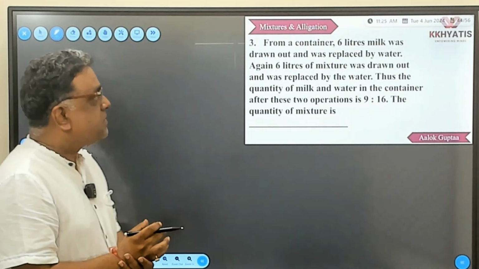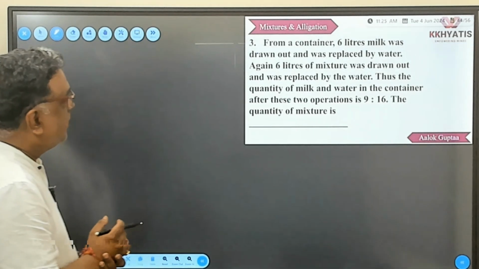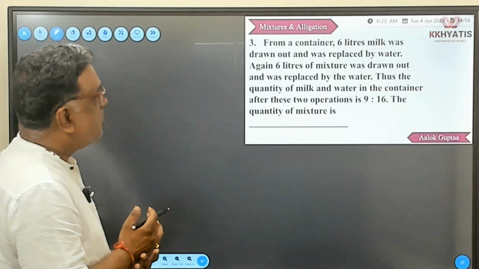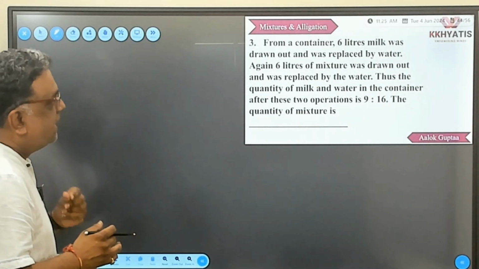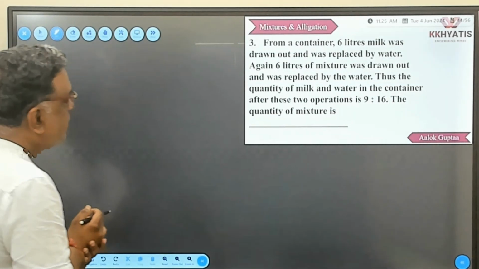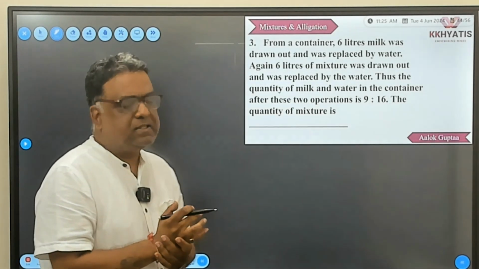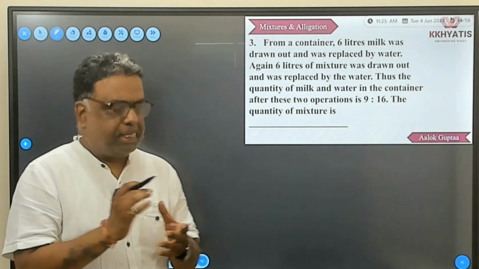From a container, 6 liters of milk was drawn out and replaced by water. Again, 6 liters of mixture was drawn out and was replaced by water. Thus, the quantity of milk and water in the container after these two operations is 9:16. The quantity of the total mixture is what we need to find.